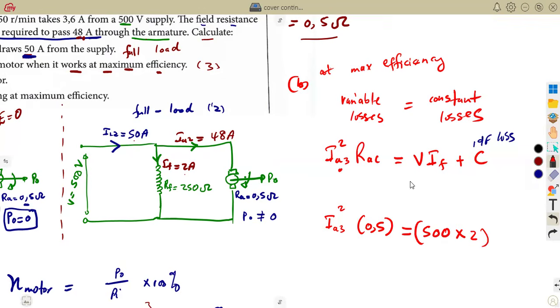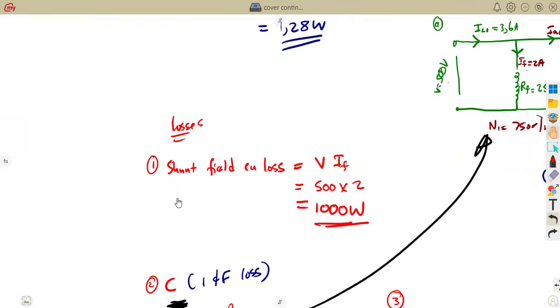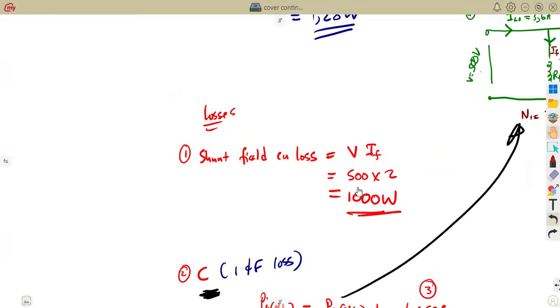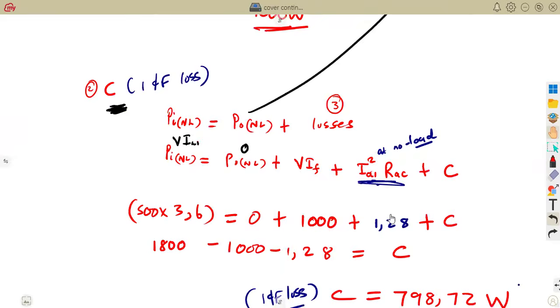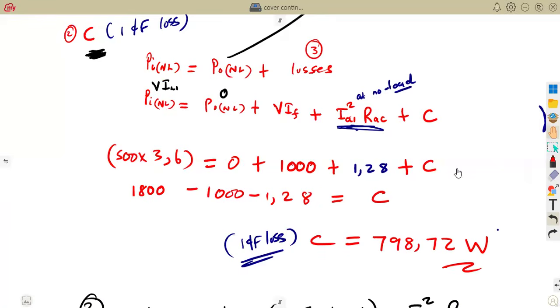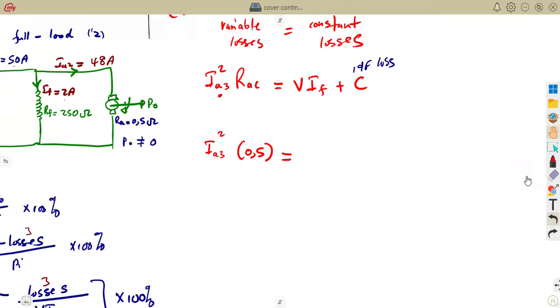So thus we have got voltage times field current plus C. Actually, we calculated these, guys. Instead of us writing voltage times this, let us just substitute because we already determined these ones before. Remember here, shunt field, we have got 1000. Our C, 700 and something here, 798, this one. We calculated these ones, guys. So just in case maybe you've forgotten, you can also recalculate.